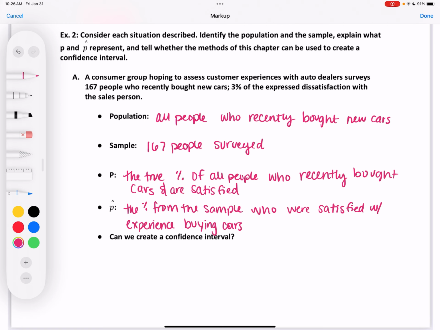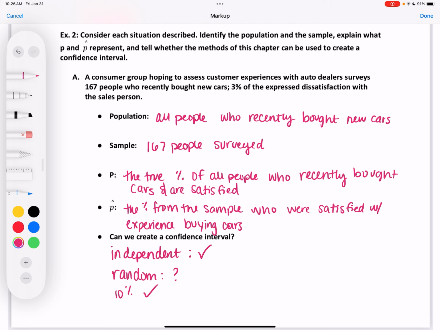Now, we need to look at our conditions to see if we actually could create a confidence interval. Are these things independent? Is each person independent of the next one? Yep. Random: maybe, maybe not. I would probably put a question mark there. It doesn't specify, but we could say it's at least a representative sample, so we'd probably be okay there. 10% condition: is this less than 10% of all people who've bought a new car? Yes, so we're good there.